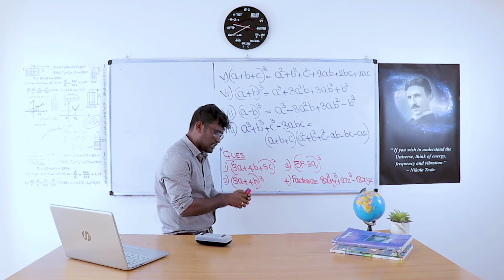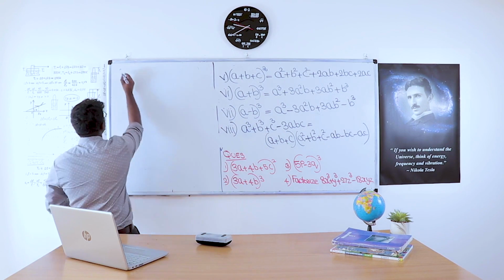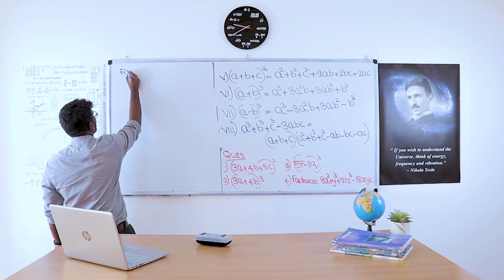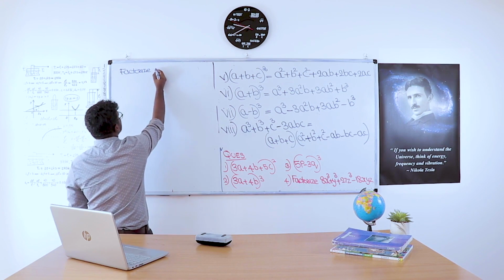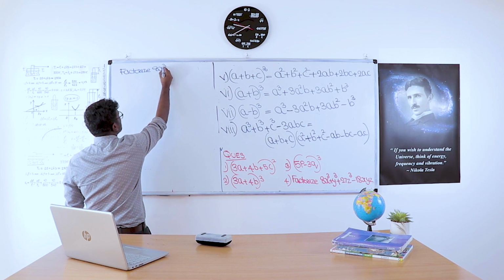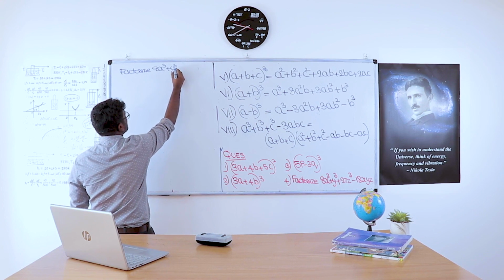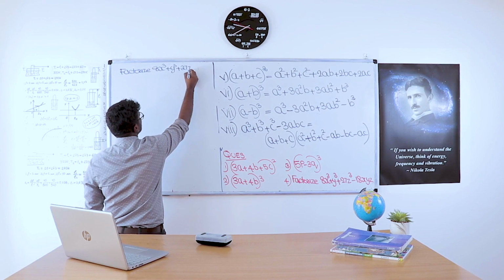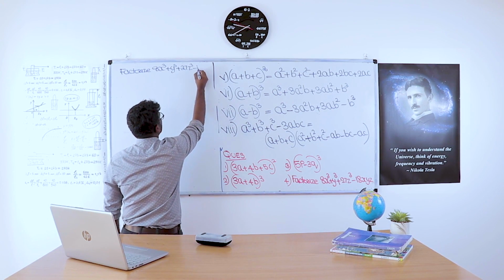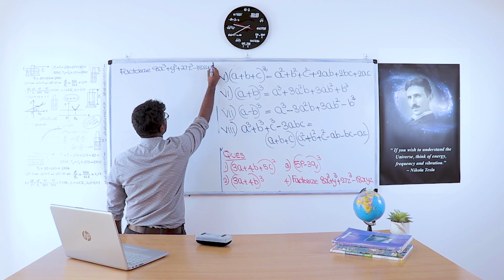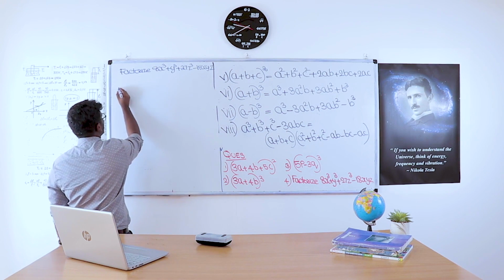So we can factorize: we want to factorize 8x cube plus y cube plus 27z cube minus 18xyz. So how can we write this one?